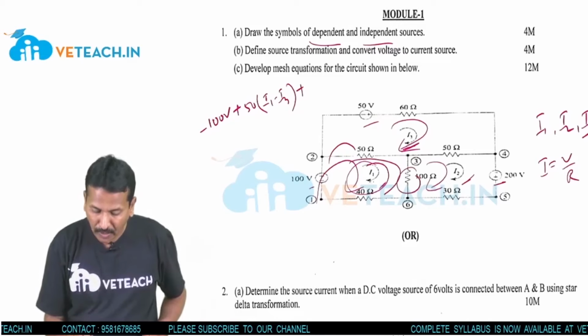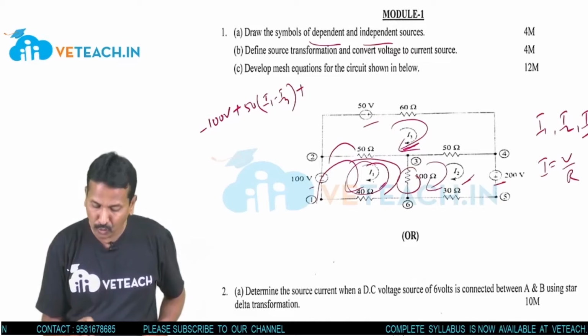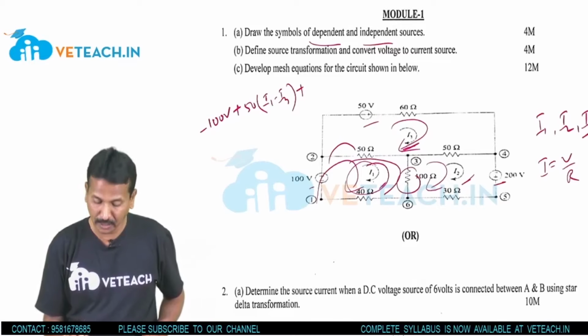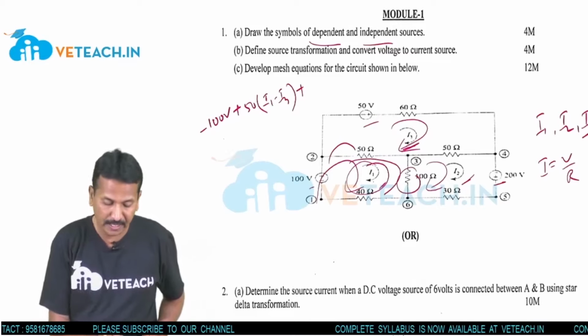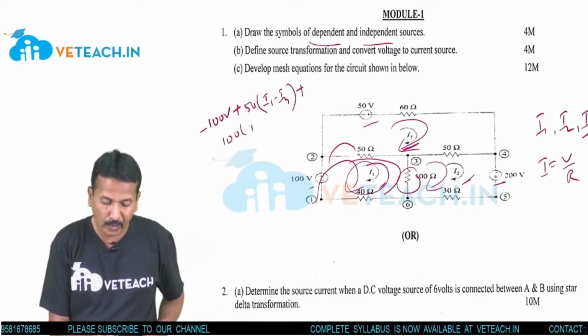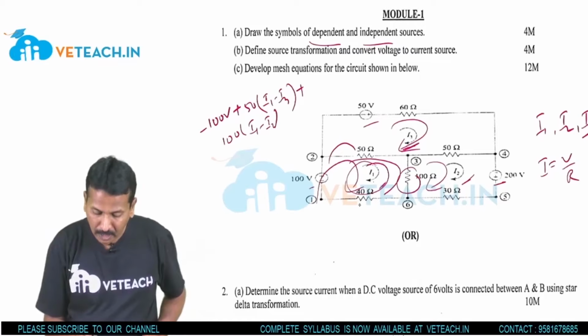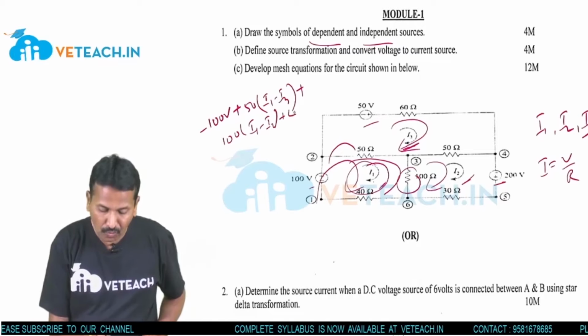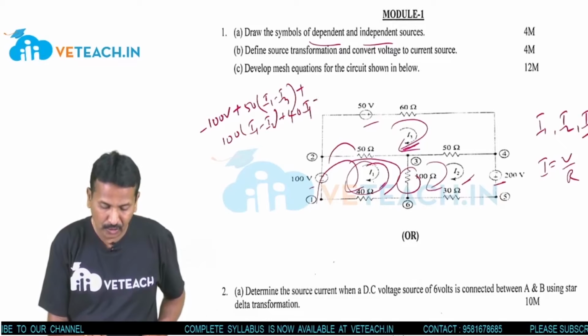I1 as well as I2, two currents, are flowing across the 100 ohm resistance. So 100 into I1 minus I2. Again, plus 40 into I1 is equal to 0.